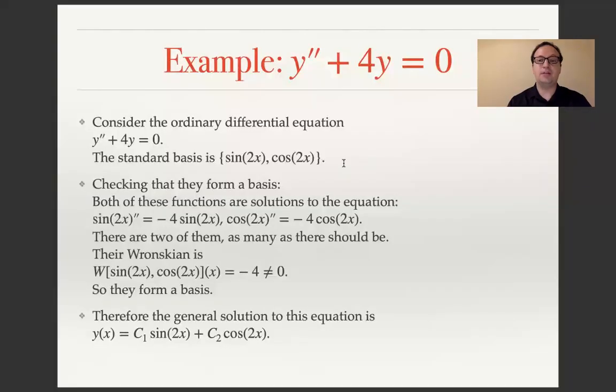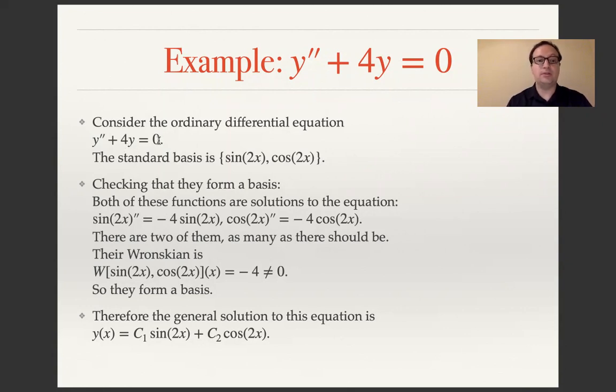By contrast, let's consider an equation with constant coefficients, and we're going to analyze it in depth. So this is a simple equation, y double prime plus 4y is equal to 0. This is a second order linear ordinary differential equation.